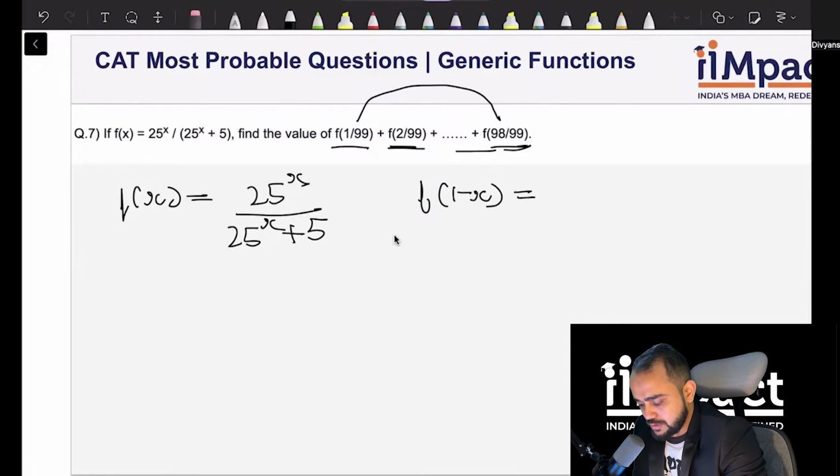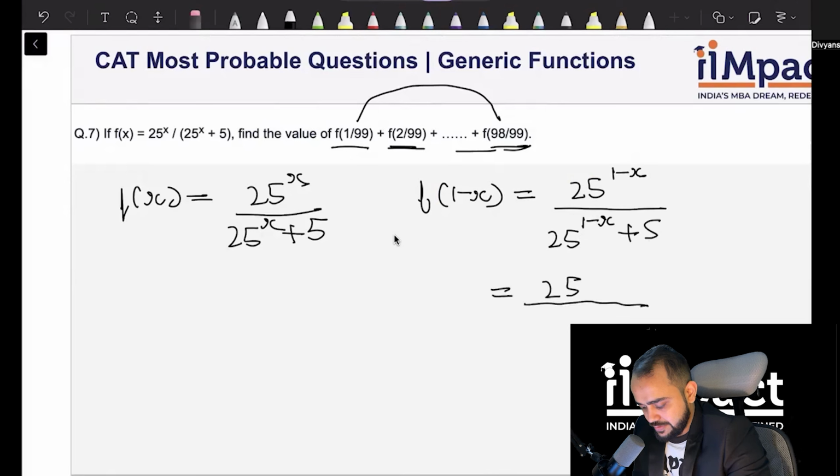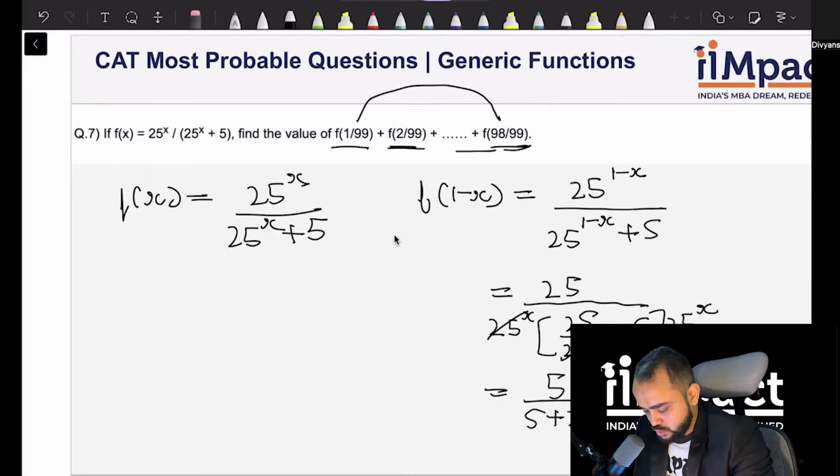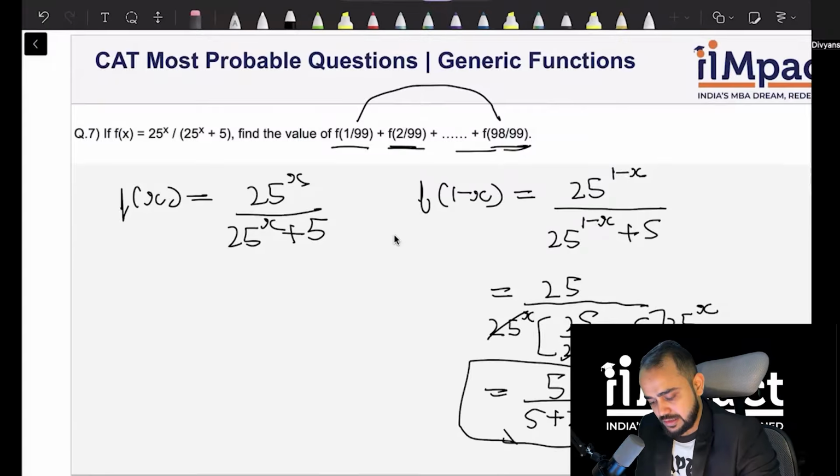F of 1 minus x is going to be 25 to the power 1 minus x divided by 25 to the power 1 minus x plus 5, which is going to be 25 divided by 25 to the power x, upon 25 upon 25 to the power x plus 5. Right, so if I multiply in the denominator, this will cancel out and this will become 25 to the power x. Now if I cancel out the 5s, I will get this as 5 by 5 plus 25 to the power x. This is f of 1 minus x, this is f of x.